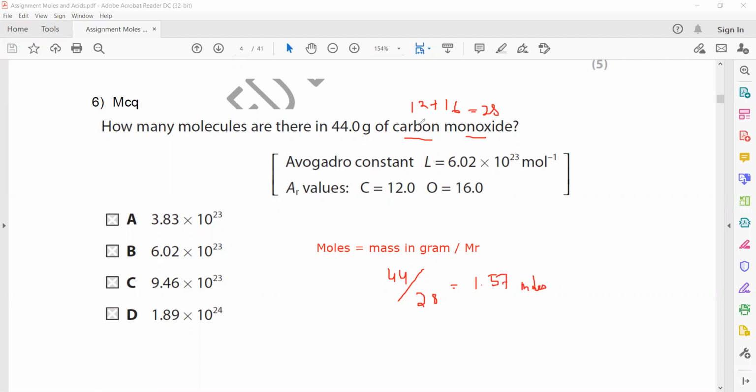But we need the number of the particles. The formula which relate the moles with number of the particles, moles equal number of the particles divided by Avogadro's number, which is 6 into 10 to the power 23.